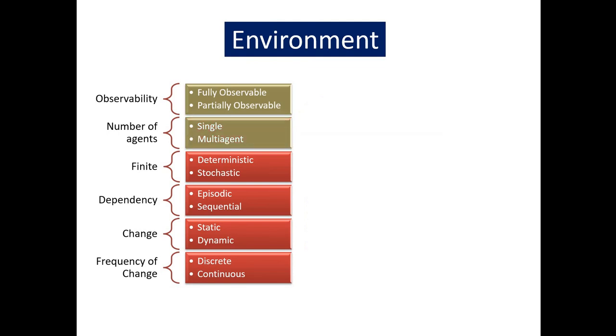Then we have the categorization depending on the finiteness of the activity. In theory of computation we would have studied about NFA and DFA, deterministic finite automata, and non-determinism. Deterministic is where from a state, when I apply this, I can definitely say that I can reach only this state. So when it is determined or finite, we say it is deterministic.